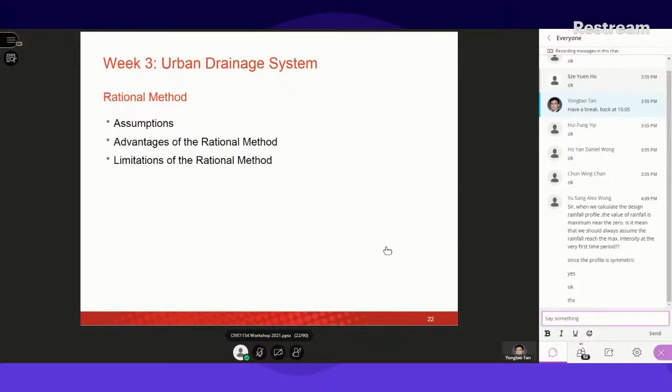The second assumption is that the critical duration of the rainfall is equal to the catchment's time of concentration.